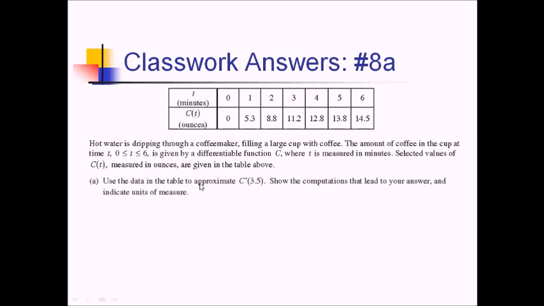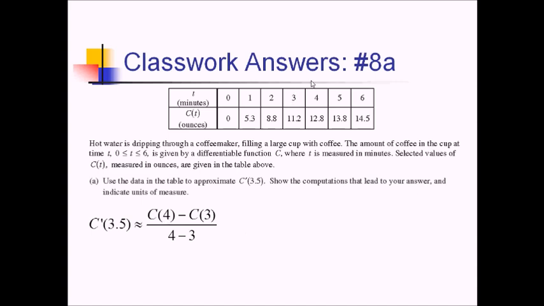Since I'm approximating an IROC and all I have to go on is a table, I'm going to have to take the average rate of change of this c function on some interval that contains 3.5. Probably the best interval would be the interval from 3 to 4. So AROC is going to be c of 4 minus c of 3 over 4 minus 3. Notice I wrote approximately equals because I don't know the exact value of c prime.